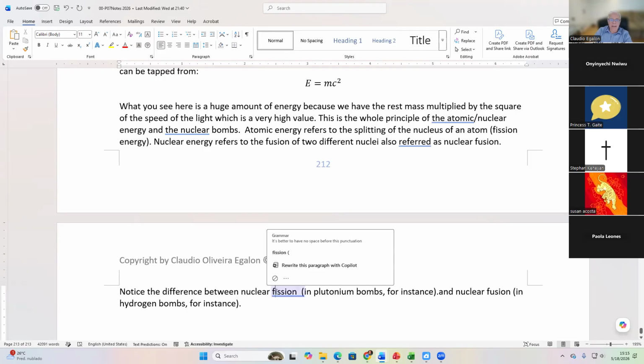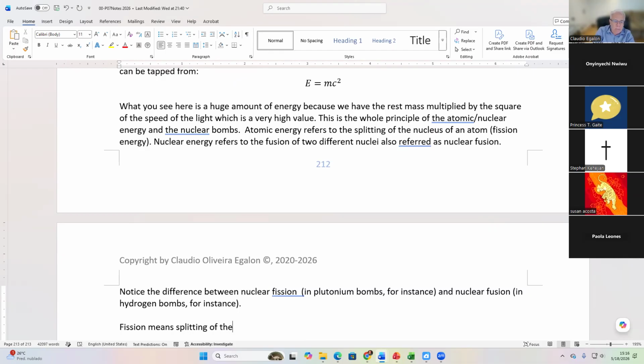The first is atomic energy. The second is referred to as nuclear energy. Fission and fusion. Fission means splitting of the atom.